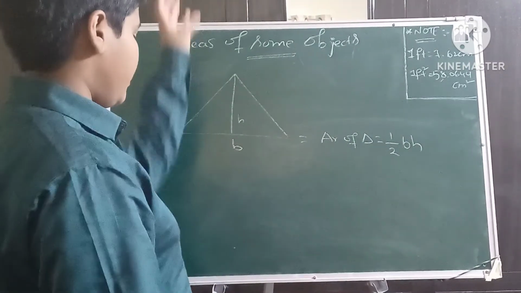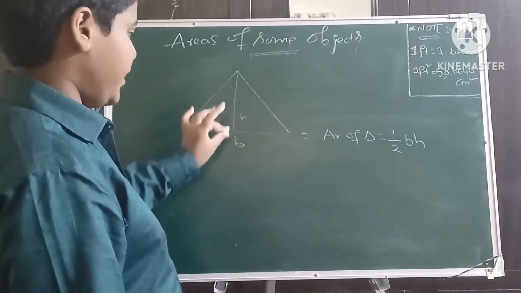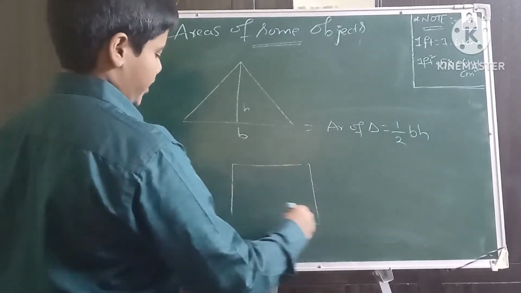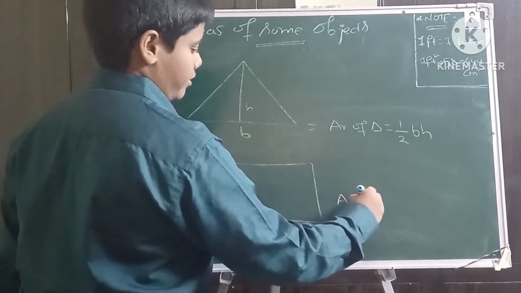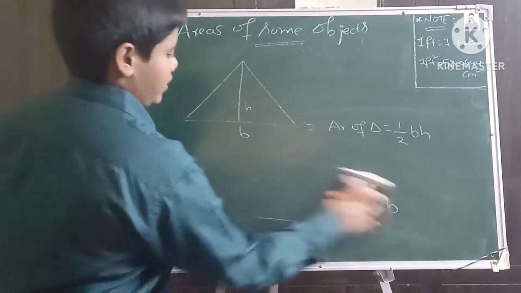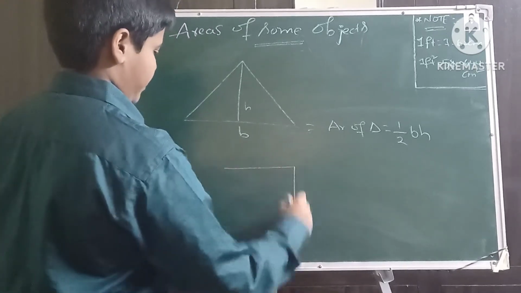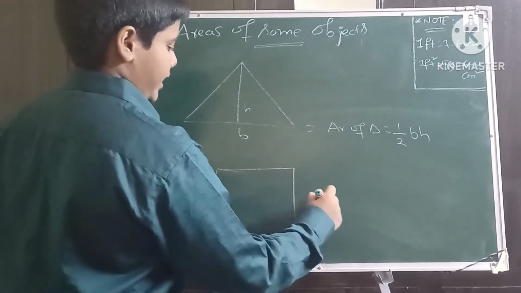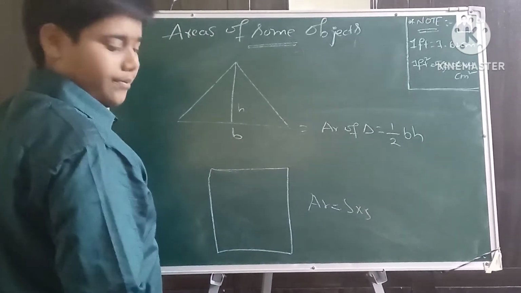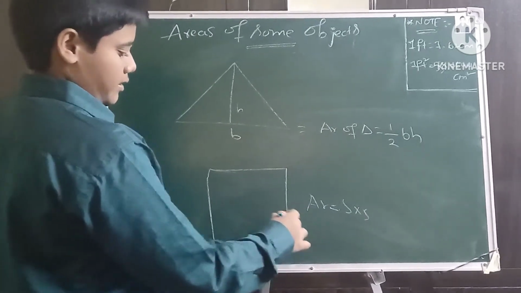What is the area of triangle? Half into height into base. Okay. If I take a rectangle, we already know the area is equal to L into B. So if I take a square, area is equal to side into side.